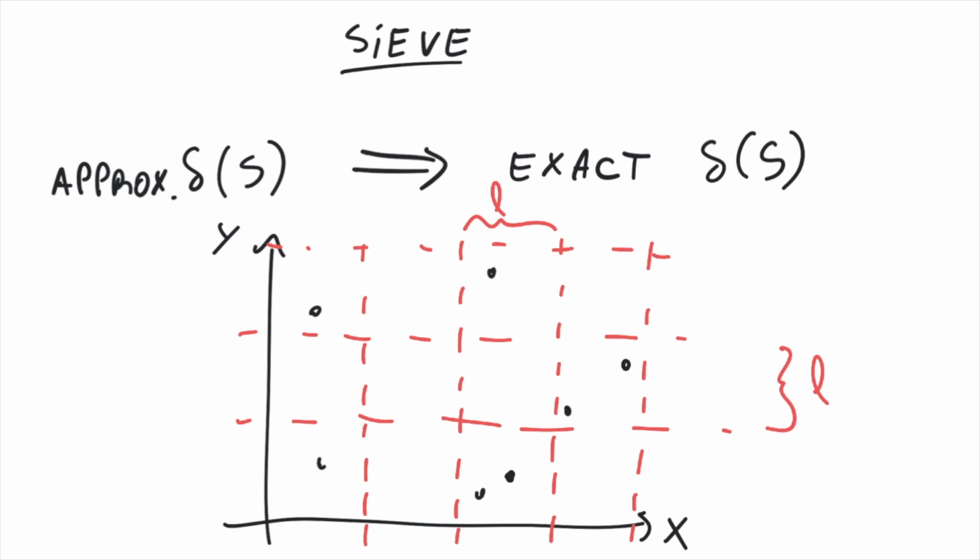Now, of course, some points that are very close together may end up being in different boxes, but definitely two points that are far apart, let's say this point and this point, will not go in the same box, and therefore if a point is far away from all others, we can discard it and sort of stop considering it, because it will definitely not be within the pair of closest points in our set. This is the idea of our algorithm, plus defining smaller and smaller grids to produce finer and finer sieves. Let us see how this works.